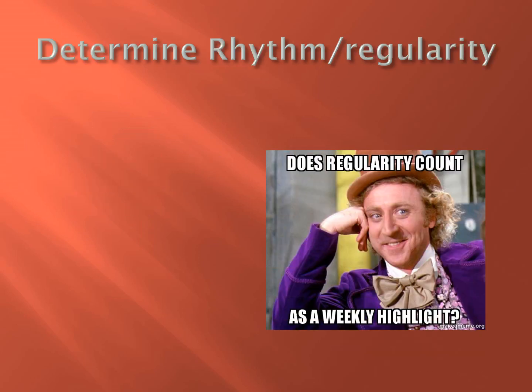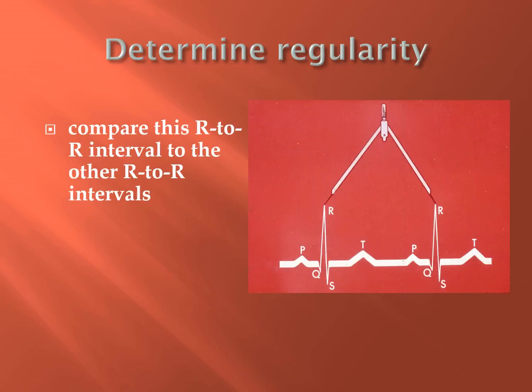So how do we determine if the rhythm is regular? The big thing we're going to look at when we start counting is the R to R interval. Do we have the same number of boxes between the R waves consistently? If these R to R intervals vary, then it is an irregular rhythm.